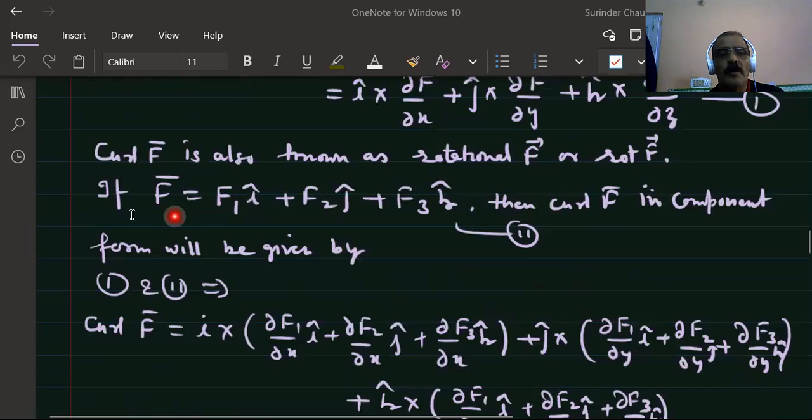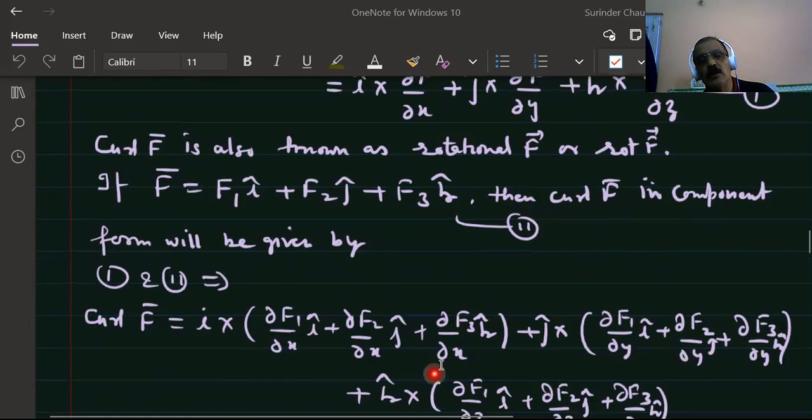Now the component form. Let f be in component form. Then the curl of f in component form will be given by: operate i cross partial f vector by partial x, plus j cross partial f vector by partial y, plus k cross partial f vector by partial z.